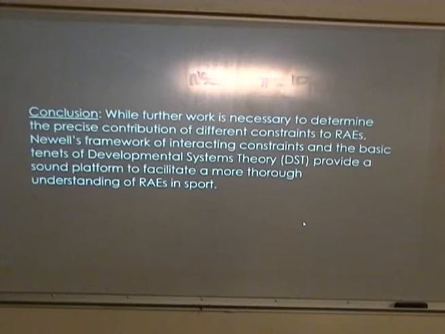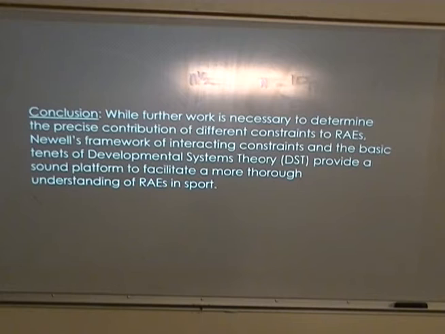So in conclusion, and I'm going to go more into this conclusion with the next slide, basically what was found is that there needs to be further work to be really precise in finding the reason or causation for why these different constraints cause AREs in sport.